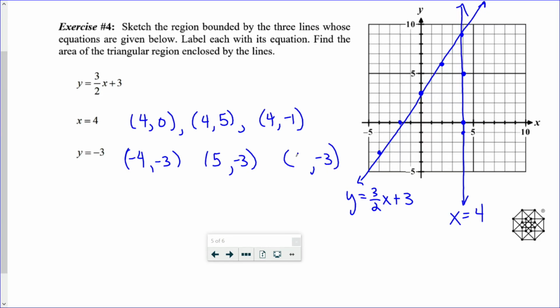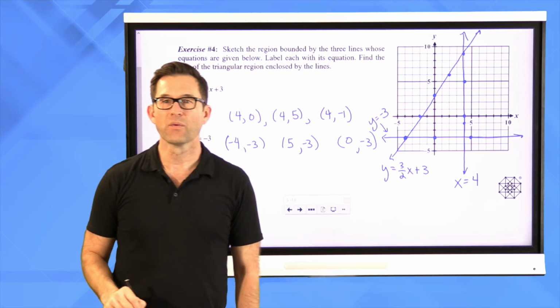Maybe I'll do 0, -3. So -4, -3. Oh, that point I already actually have. 5, -3. And 0, -3. And again, those 3 points should be plenty enough for you to realize that that is a horizontal line. So there's our y equals -3.